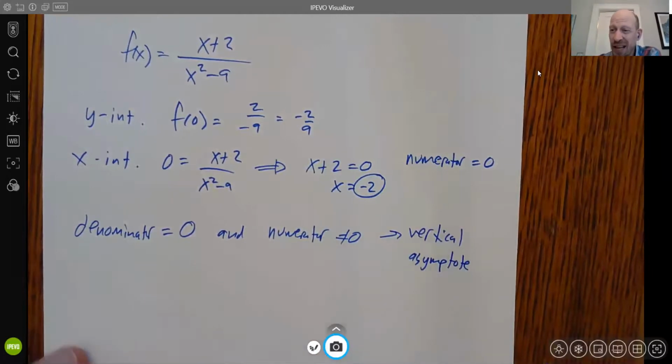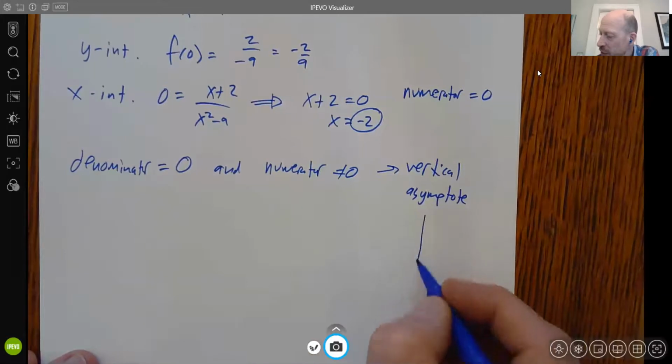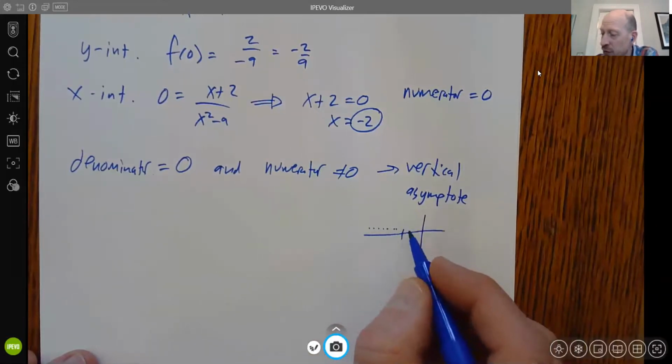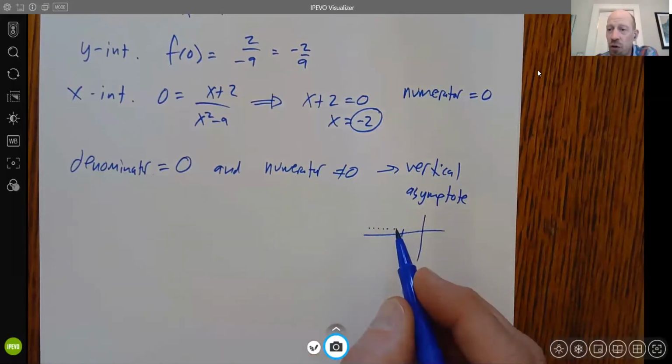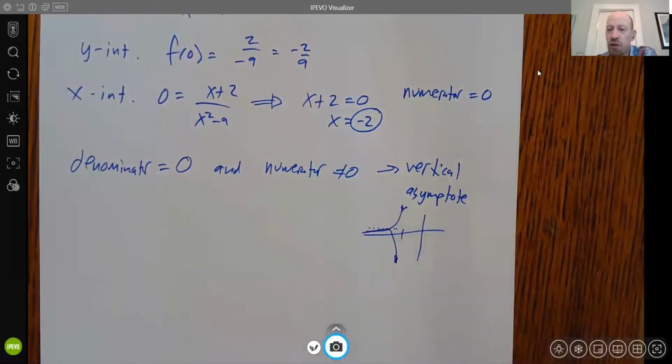asymptote. And what that looks like on the graph is, as I approach that value, as the x values get closer and closer and closer to whatever is making the denominator 0, the function is going to go either to positive infinity or negative infinity. So it's going to go one of those two directions, and we'll be able to figure out which way it goes. But I know it's going to blow up, right?